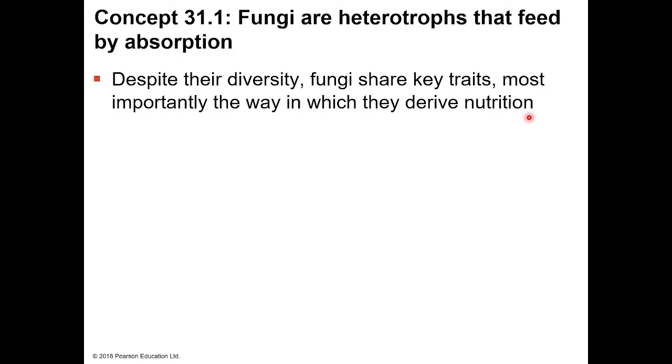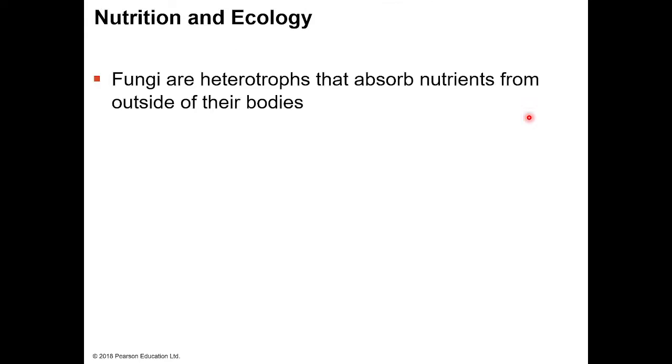Fungi are heterotrophs that feed by absorption. Despite their diversity, fungi share key characteristics or key traits, most importantly, the way in which they derive nutrition. Fungi are heterotrophs that absorb nutrients from the outside of their bodies. That's the important difference of fungi from the animals, because animals are heterotrophs as well, but animals do not absorb their nutrients directly from the environment, not directly from outside the bodies.